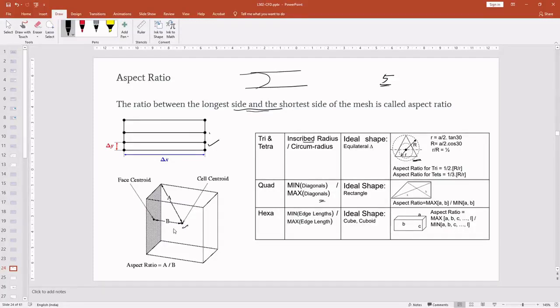So in such situations, what we will be interested in is the distance between cell centroid and face centroid, and the distance between centroid and a node, or the corner.